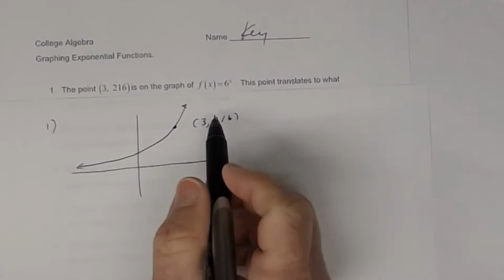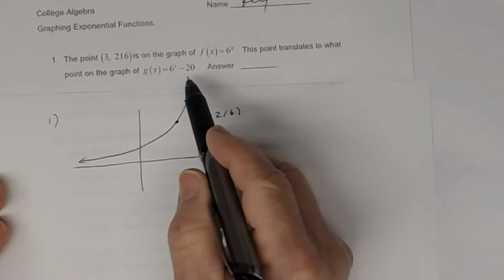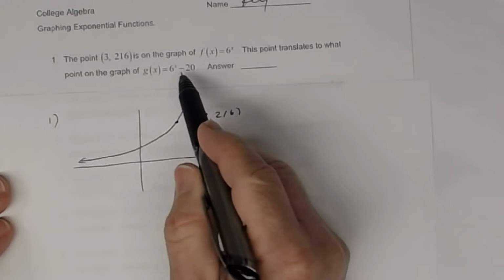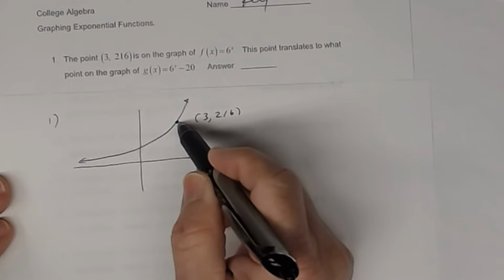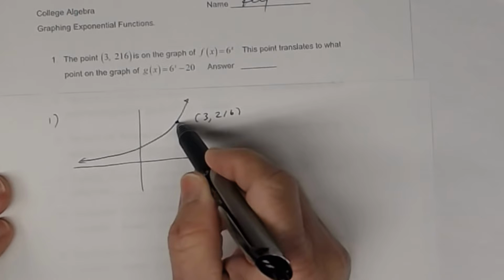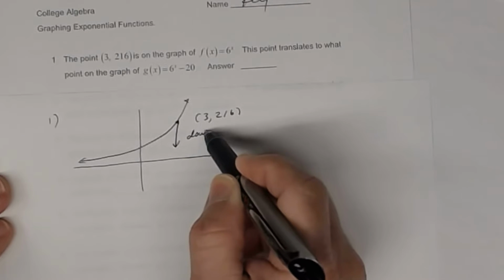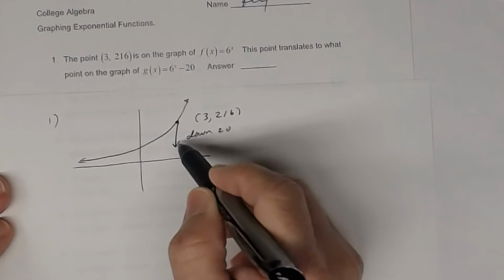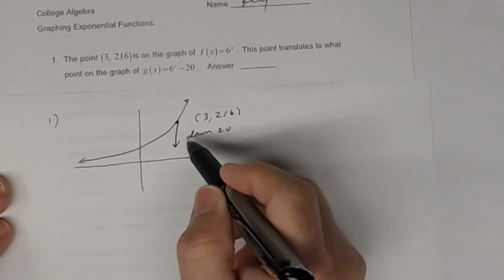When I graph this function, 6 to the x minus 20, remember what that does in terms of translations. Subtracting 20 shifts the point (3, 216) down 20 units. When we shift up or down, I want you to keep in mind what's happening to the x-coordinate and the y-coordinate.